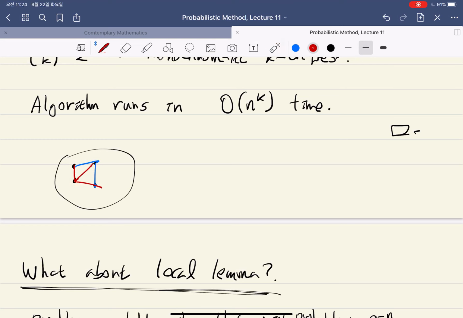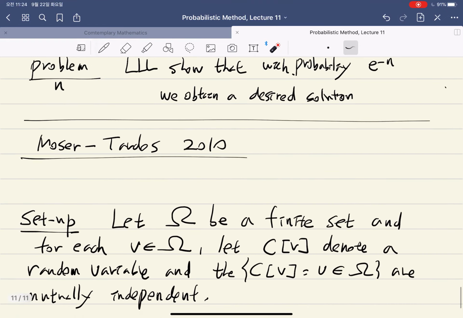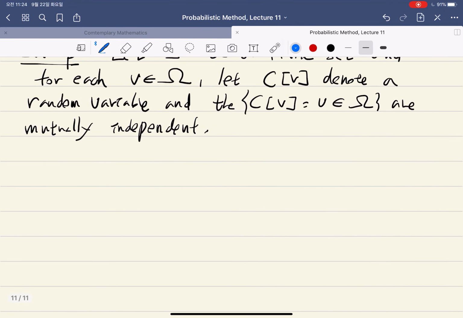They are mutually independent of each other. So how we color this edge and how we color this edge and this edge are not dependent at all. But the bad events are dependent on each other. And these bad events are actually determined by the collection of these independent random variables.